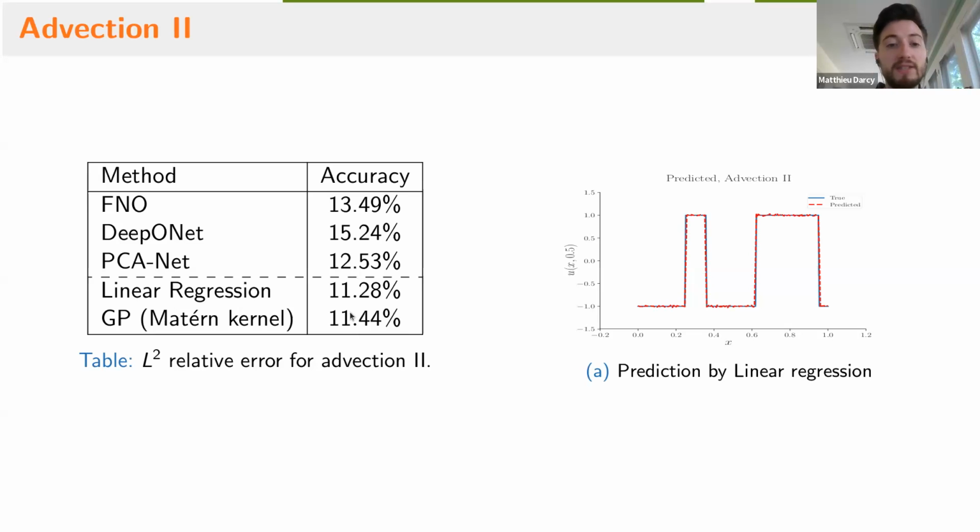The best accuracy you can hope for is something like 10%, even using the linear regression model, which should be optimal for this problem because the map you're trying to learn is linear. In this case, all methods are much closer in accuracy to each other, and they're all doing much worse than the previous example.